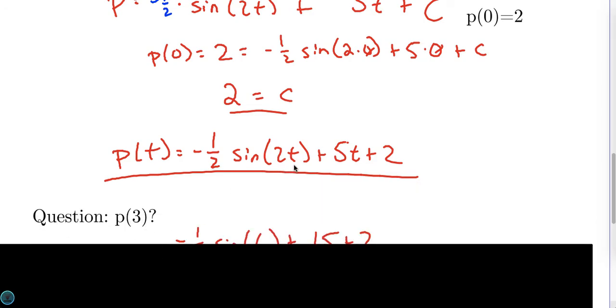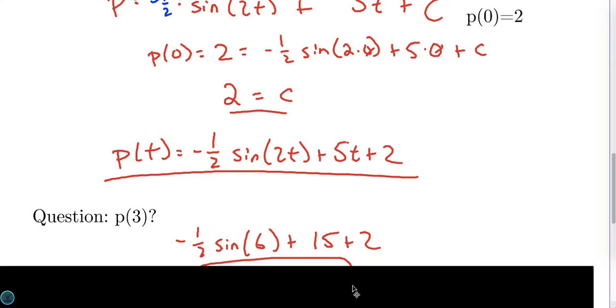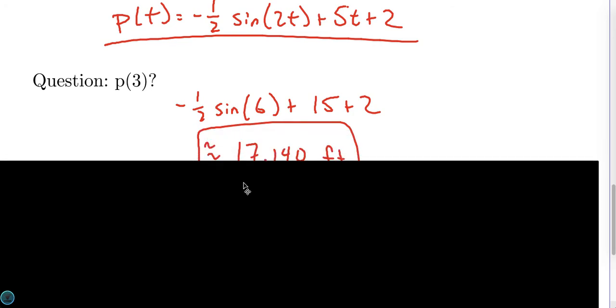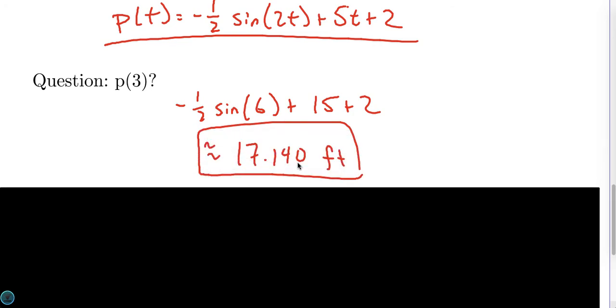So just plug 3 in, you get this statement right here. And that doesn't work out very nicely because sine of 6 is sort of a decimal, but in the calculator you can find this will produce a value of approximately 17.14 feet.